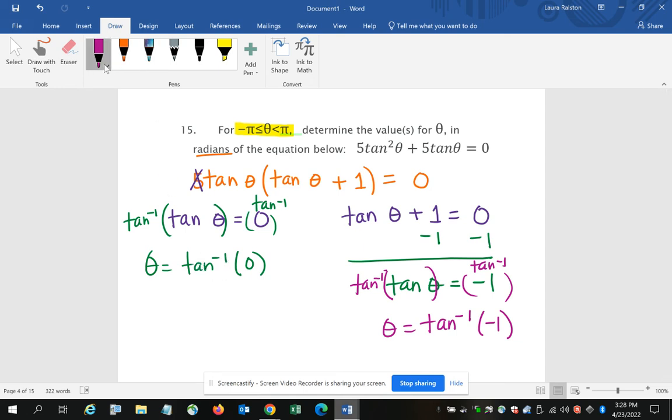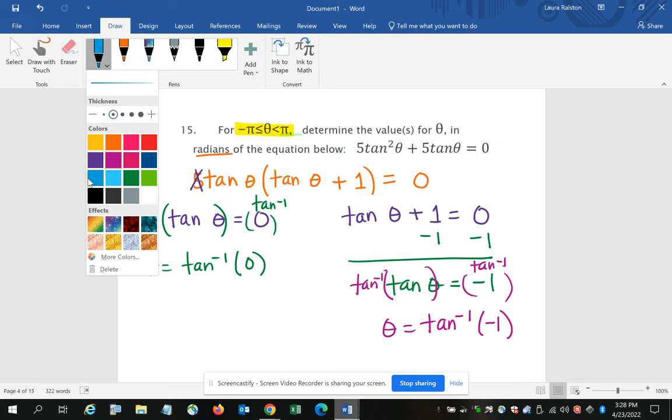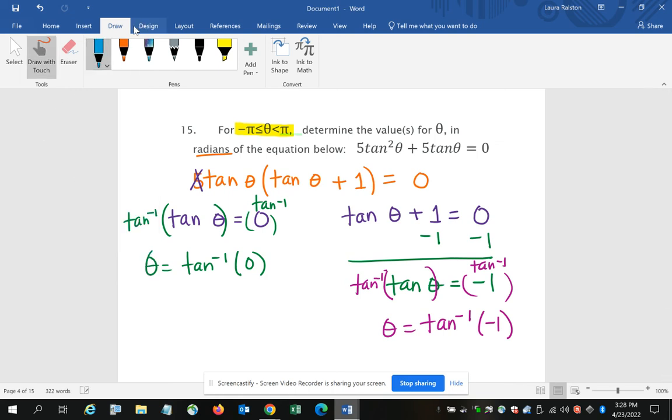So it's asking me where on the unit circle is the tangent -1. Now that's a little bit harder to do because you don't get tangent given to you on the unit circle. But remember, tangent is the sine over the cosine. And for that to equal 0, that implies that my sine was equal to 0.